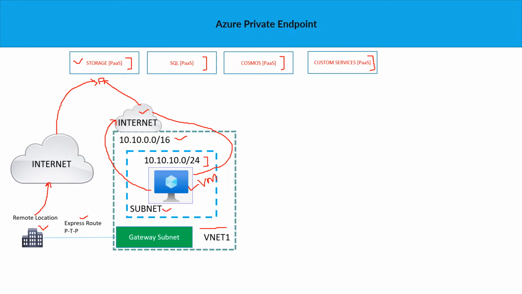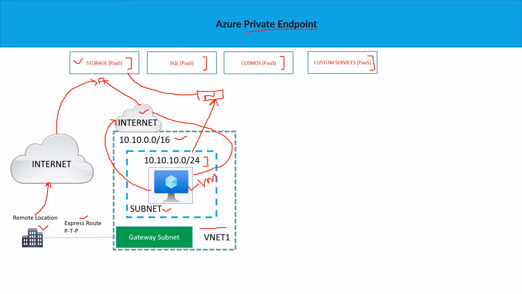Microsoft came up with Azure Private Endpoint. What it means is that all these services can be extended to your subnet or VNet. For example, if I want to extend my storage PaaS service, it is kind of adding a NIC here, and that NIC will take the IP from the subnet.